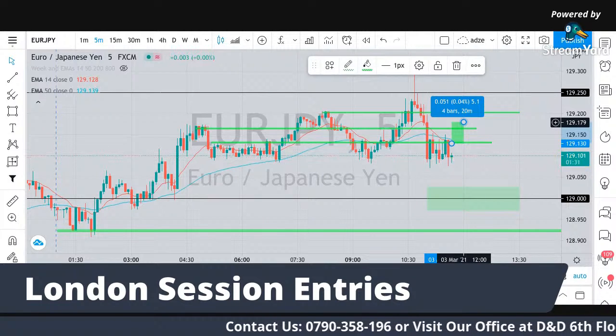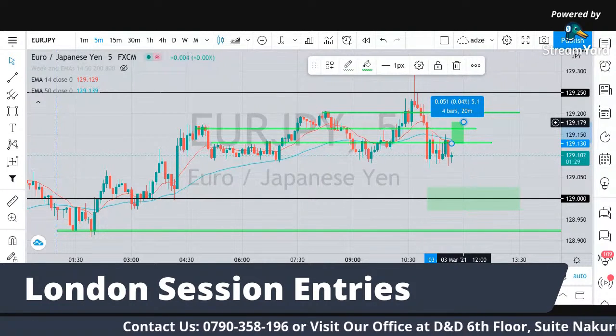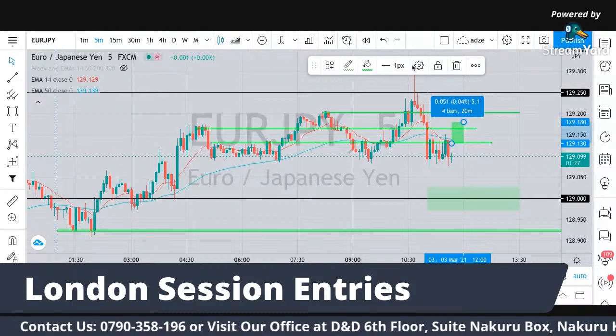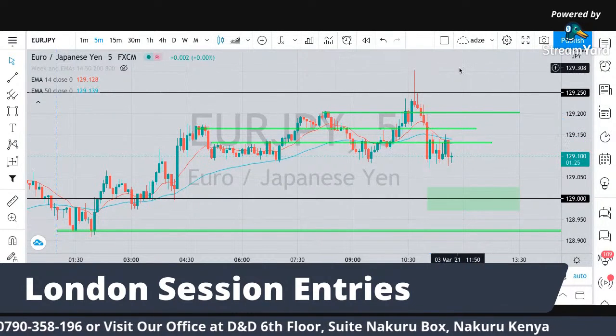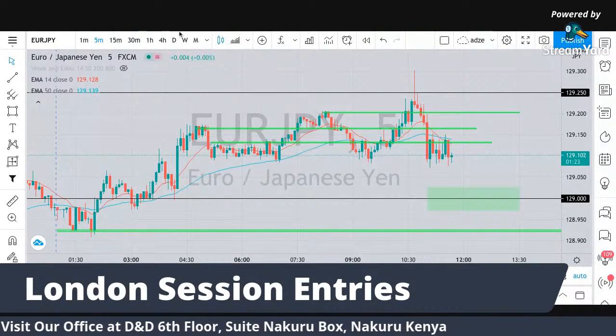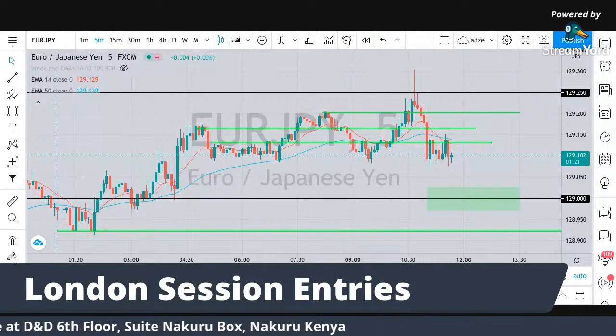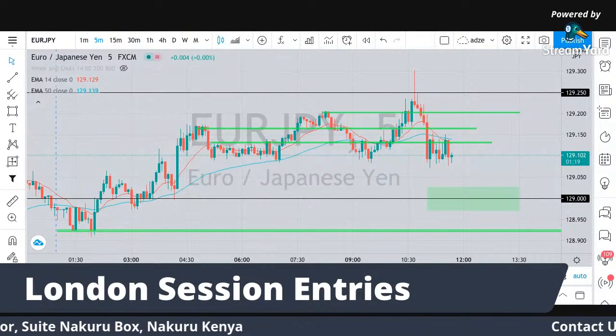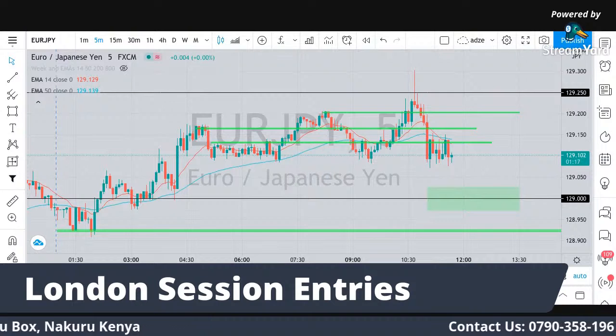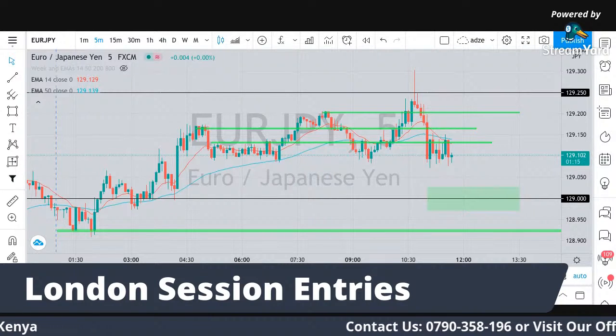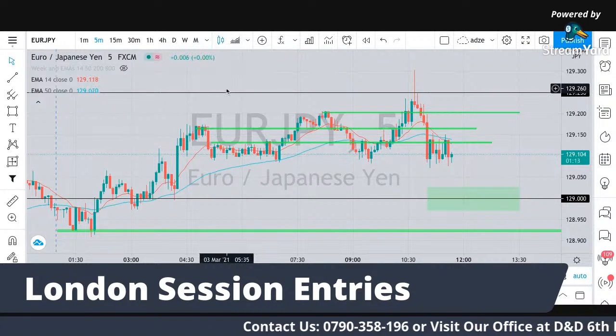Especially the GU, the pound currency pairs. They almost hit me at 10 and reverse. Yeah, I'm trying to see whether I can bring it down to 10 and be comfortable with 10.